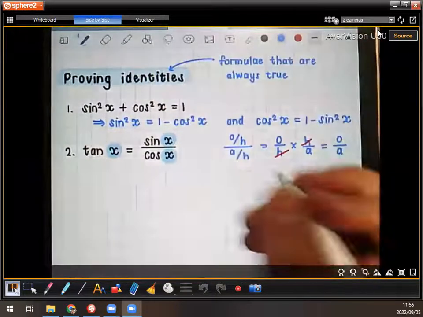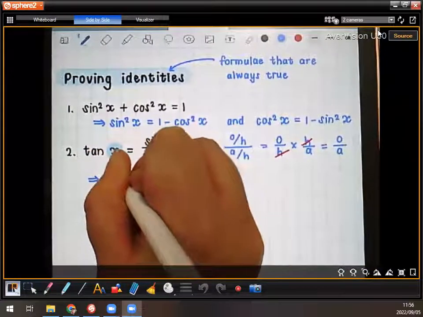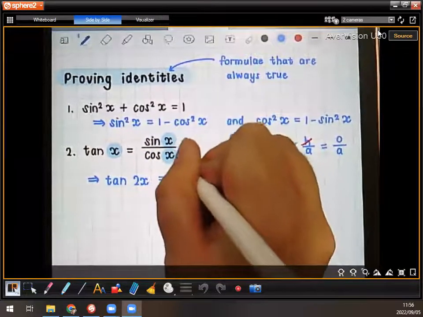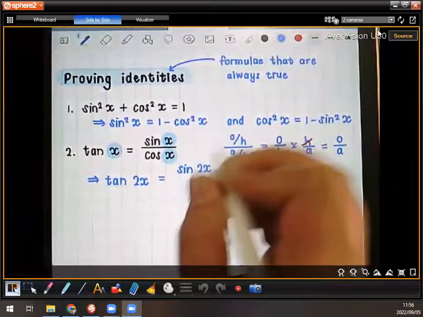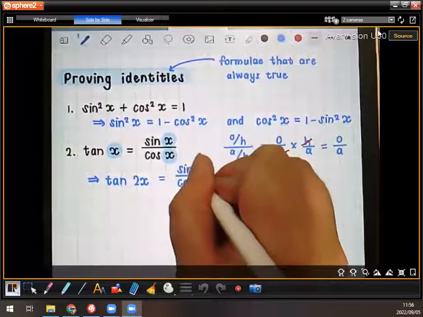So I'll just write another example here. So if you have like tan 2x, you'll have to change that to sine 2x over cos 2x.